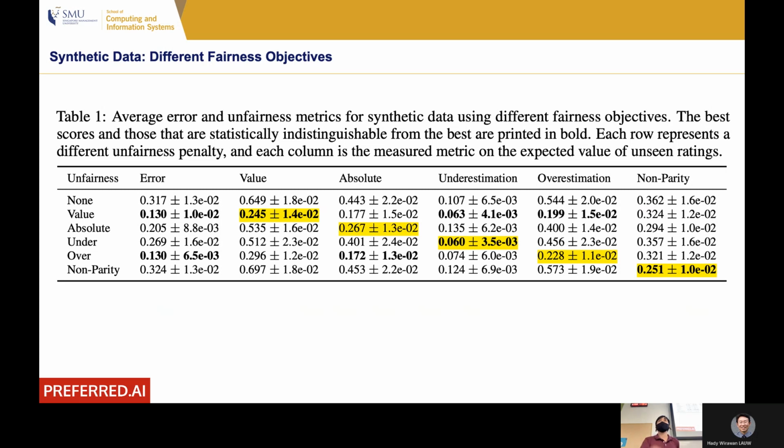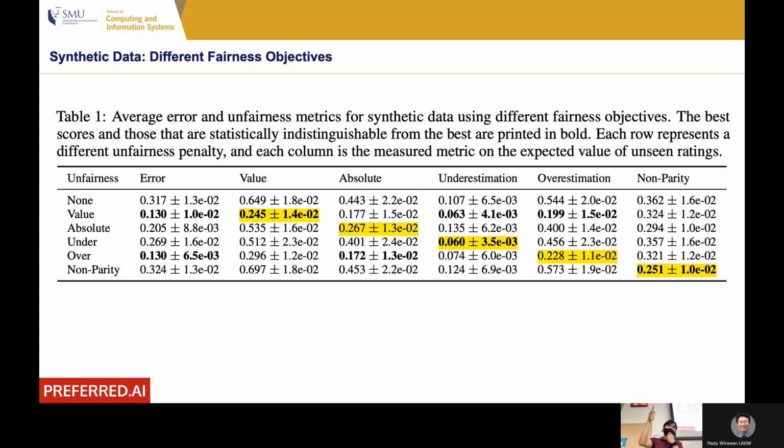So you see the second column. The first one is the original matrix factorization without any fairness objective. The value one is the one that adds in the value unfairness objective, which actually has kind of good error as well, and good value unfairness as well as underestimation and overestimation.